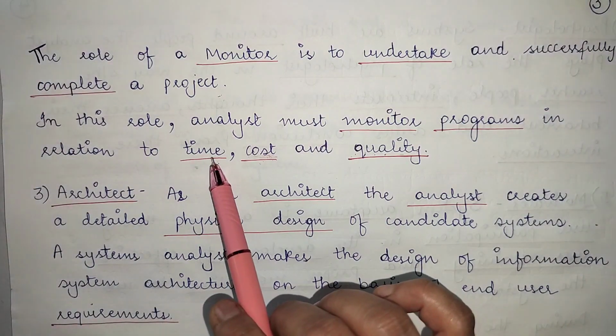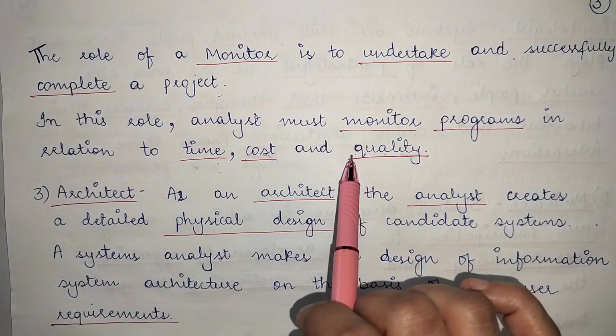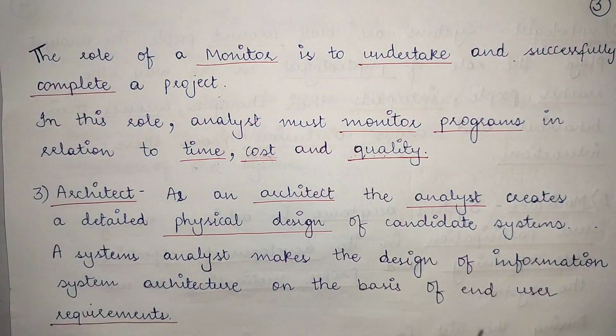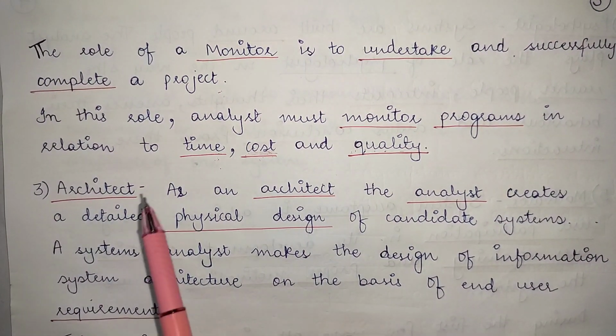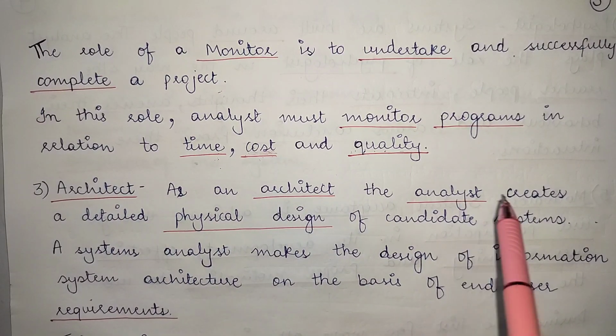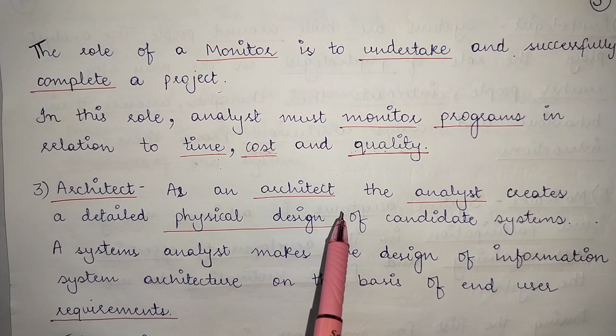So as a monitor, these are the things that the system analyst must monitor. That is, the project is completed well in time, it is within the estimated budget, and it matches the quality as expected. Then the third role of a system analyst is that of an architect. As an architect, the analyst creates a detailed physical design of the candidate system.